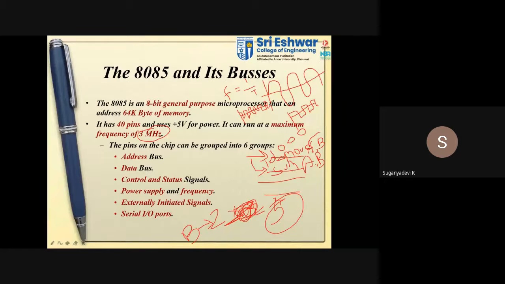What is the difference between these two diagrams? For this one and this one, what is the difference? Unmute your mic and answer, Karthik.